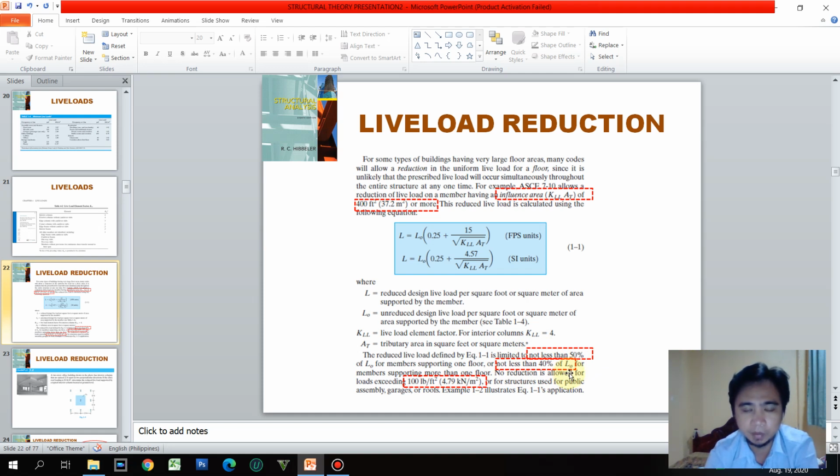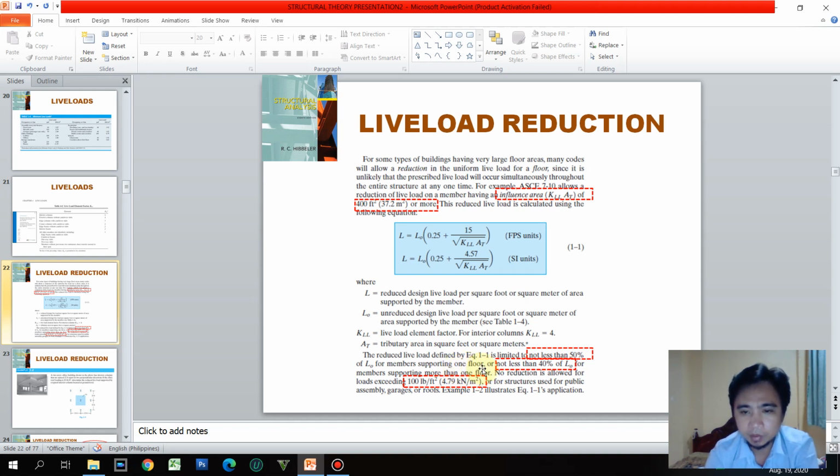Say for example, the original live load is 1. It cannot be reduced by 0.49 for a member supporting one floor.